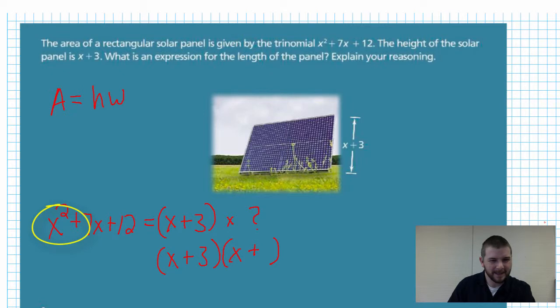But now I'm going to consider our last terms. Remember, at the end of FOIL, we'll multiply our last terms. In this case, one of our last terms is 3, and the question is, what must the other be so that when we multiply our last terms, we get the constant in our polynomial area, which equals 12?